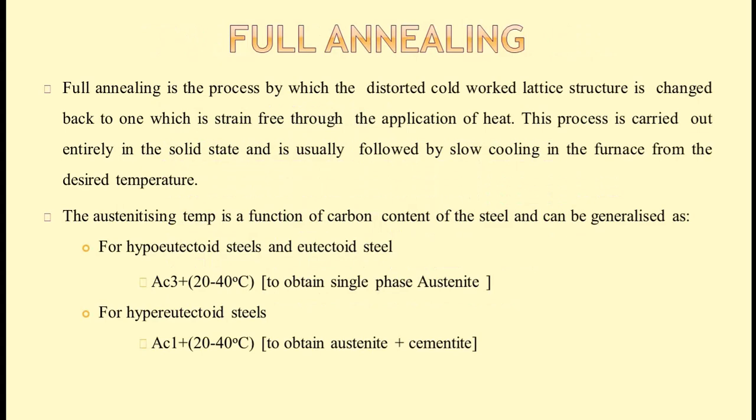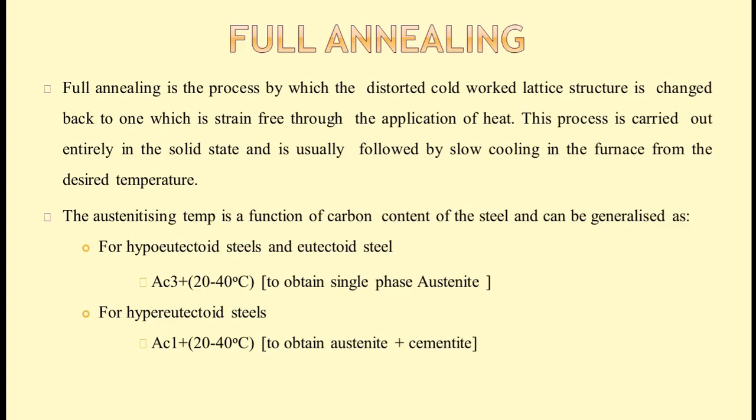Full annealing, which we are going to discuss today, is the process by which the distorted cold worked lattice structure is changed back to one which is strain free through the application of heat. This process is carried out entirely in the solid state, and it is usually followed by a very slow cooling rate in the furnace from the desired temperature.